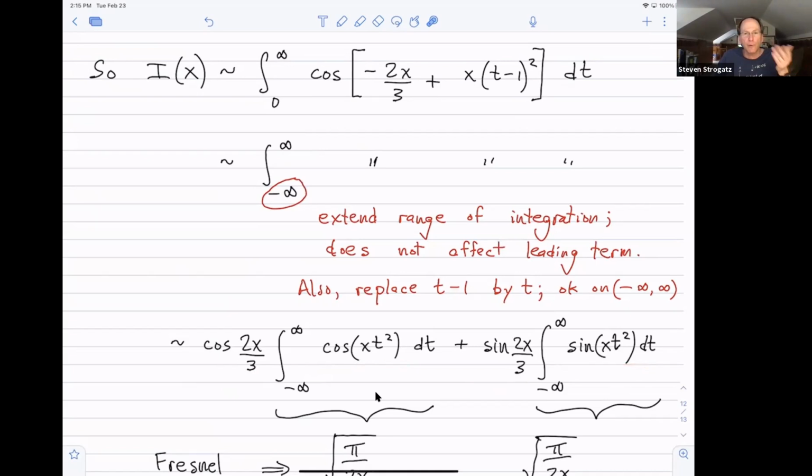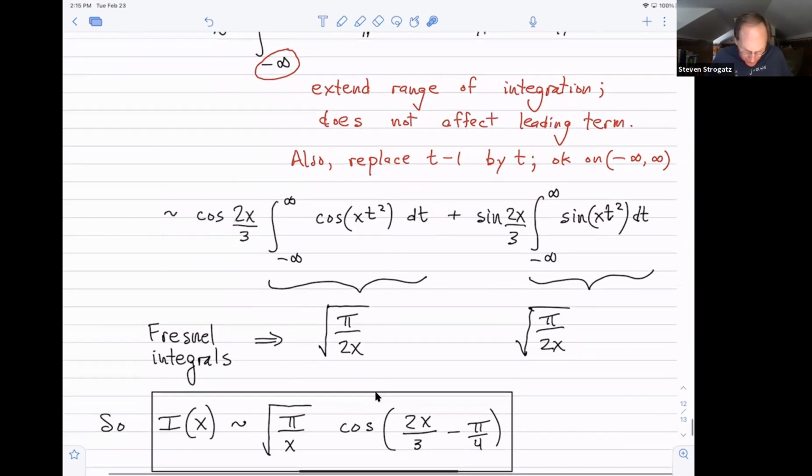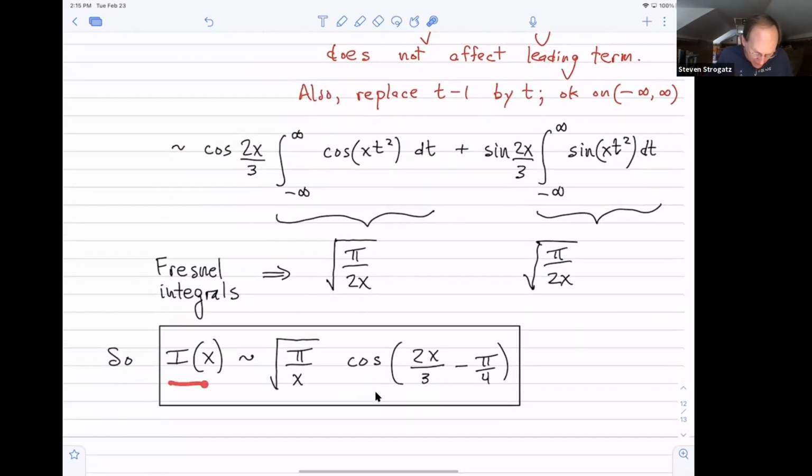And those two integrals are related to those Fresnel integrals I mentioned earlier. So they can be read off. They both turn out to be square root of pi over 2x. And finally, you can recombine everything back into a nicer expression using the trig identity in reverse. And you end up getting that this I of x is square root of pi over x cosine with, again, a pi over 4 phase shift.